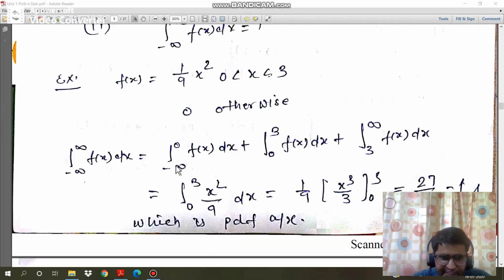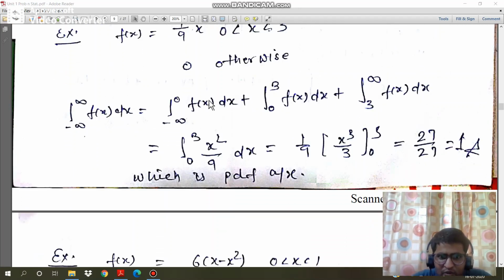Okay guys, let us check. The integral from minus infinity to infinity of f(x) dx is equal to, breaking the range, the integral from minus infinity to 0 of f(x) dx plus 0 to 3 of f(x) dx plus 3 to infinity of f(x) dx.